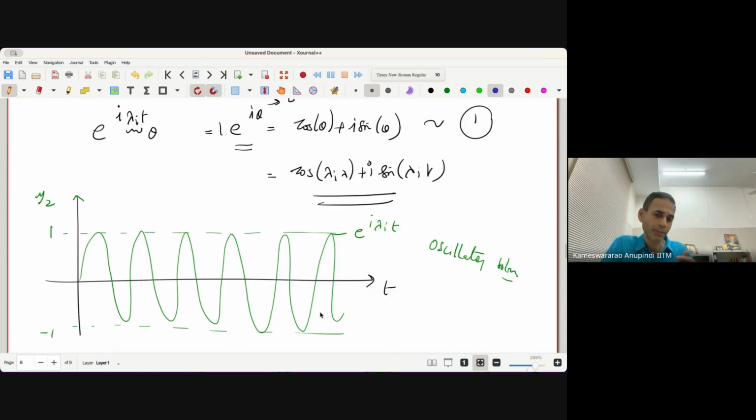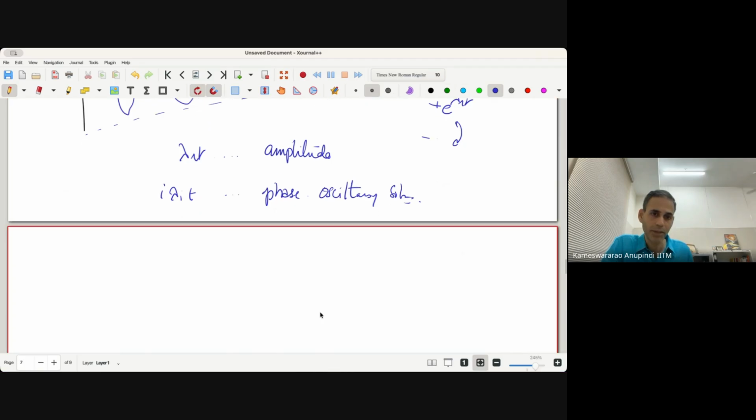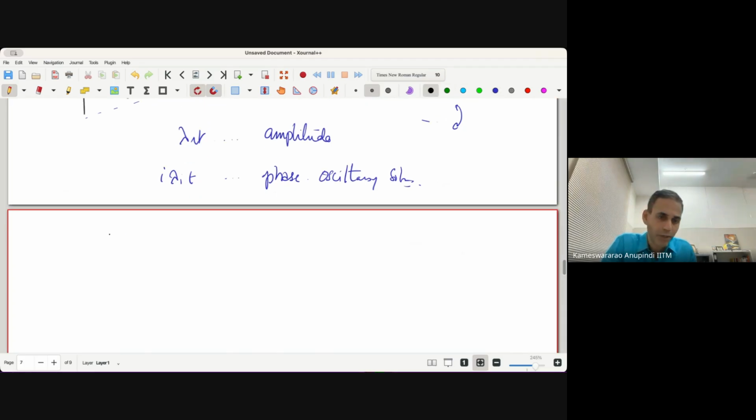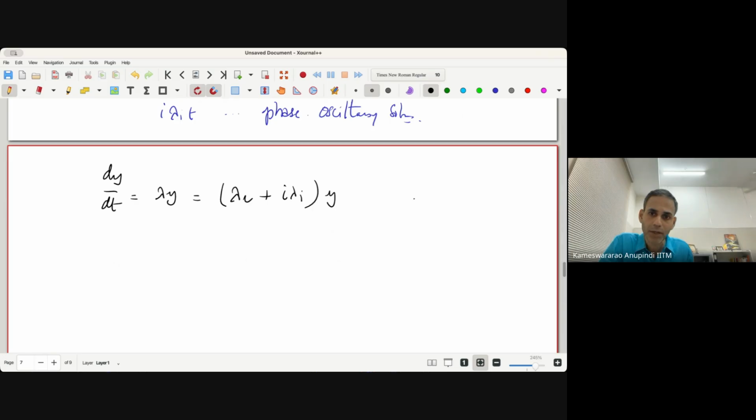So in the exact problem that we want to solve, dy/dt equals lambda times y, we write lambda as lambda_r plus i times lambda_i. We are interested only in values of lambda_r less than or equal to 0, and then any lambda_i. So when we let lambda be complex, we want the real part of this complex number to be less than or equal to 0, and any lambda_i can be taken in the problem.